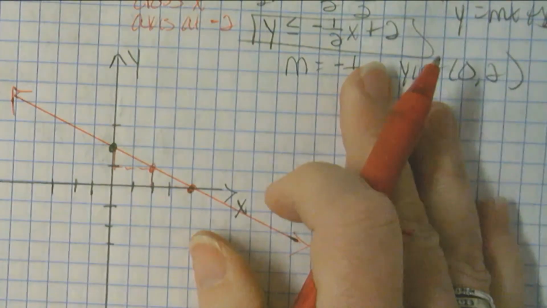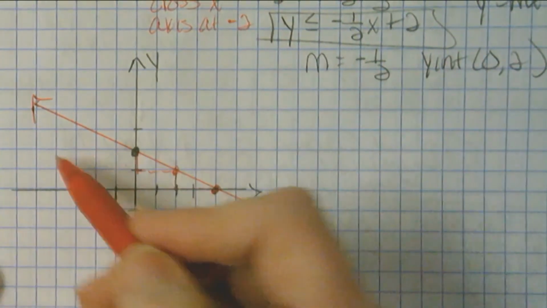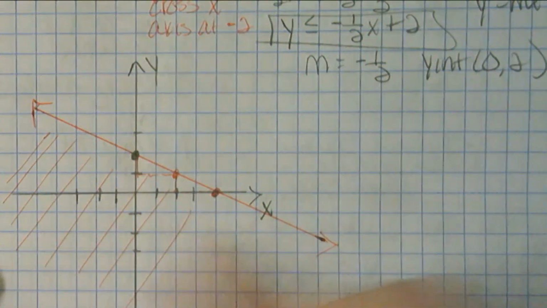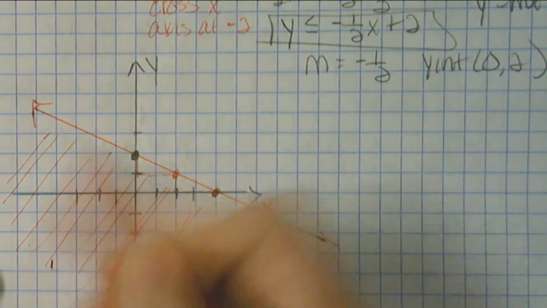So in that third one, it's y is less than that line, so we're going to go everything to where all the y's are getting smaller.